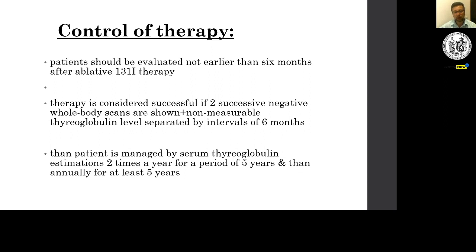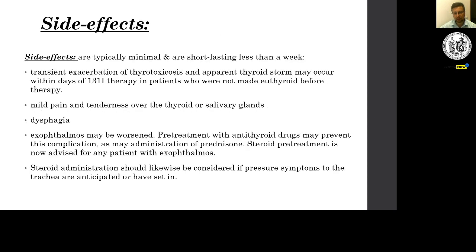And then the patient is managed by serum thyroglobulin estimations 2 times a year for a period of 5 years, then annually for at least 5 years. So as you may see, the oncomarker thyroglobulin plays a very important role in the surveillance of patients after the radiation therapy.